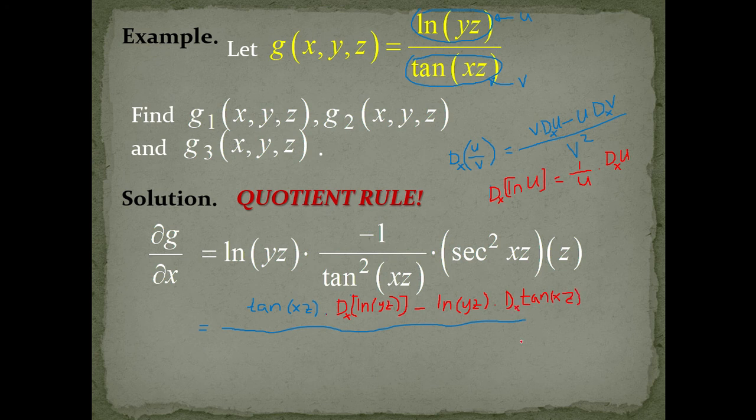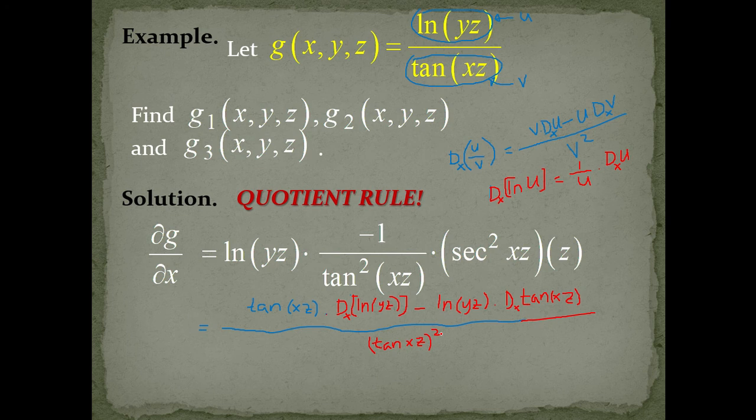And the whole thing is divided by tangent of x times z. This is our v, and that is squared, so you have to square this.